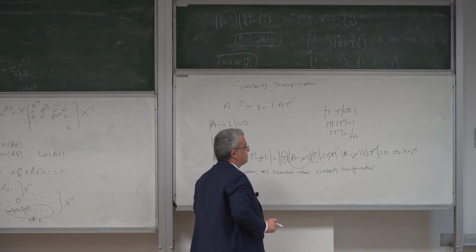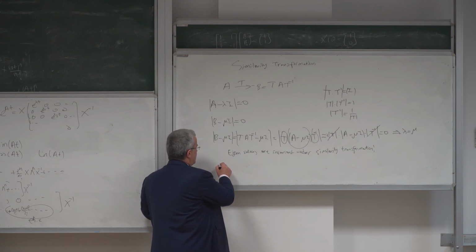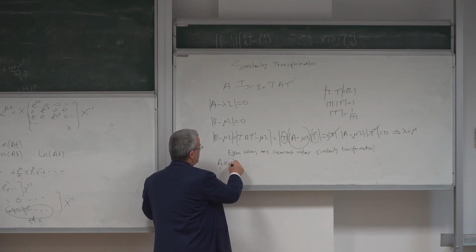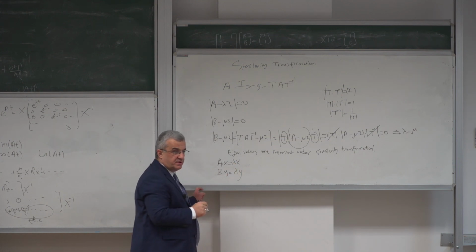Okay, what happens to eigenvectors? So you have the eigenvectors of A: A x is equal to lambda x, right? So eigenvectors of B: B y is equal to lambda y. We know that now. We now know that the eigenvalues are the same. Okay.